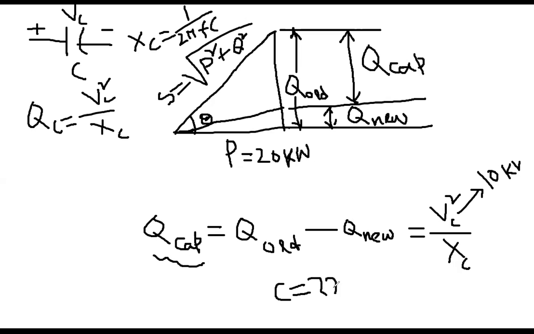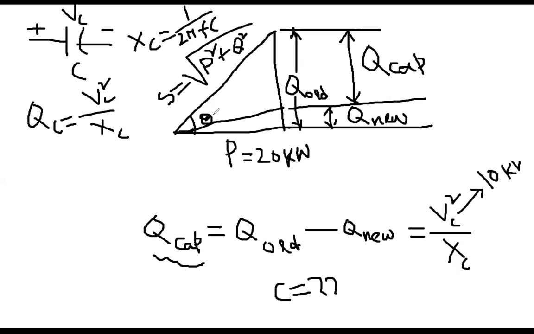That is the process. Now the thing is, to find out the Q cap, you need to know what is Q old and what is Q new. This means this one and this amount. So with the help of this triangle, you see in both cases, for both Q old and Q new, this x-axis magnitude is 20 kilowatt.